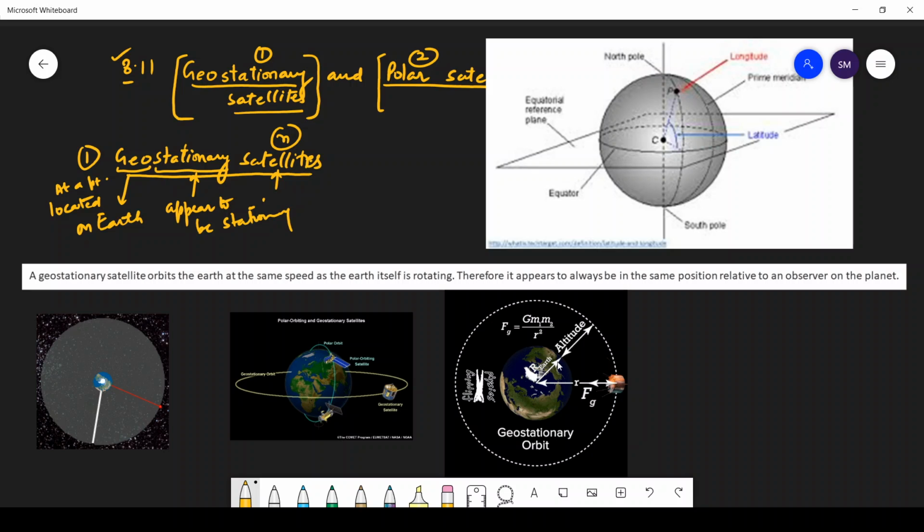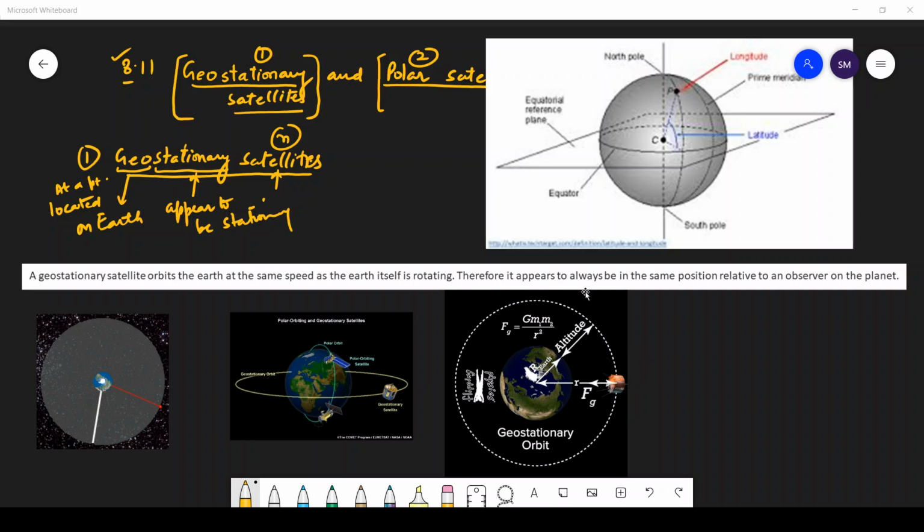So we have radius of the earth plus altitude, that is height, and then gravitational force is equal to G m1 m2 divided by r square. So r is the radius of the orbit. Okay, so that's geostationary orbit. I hope you have understood this concept, students.